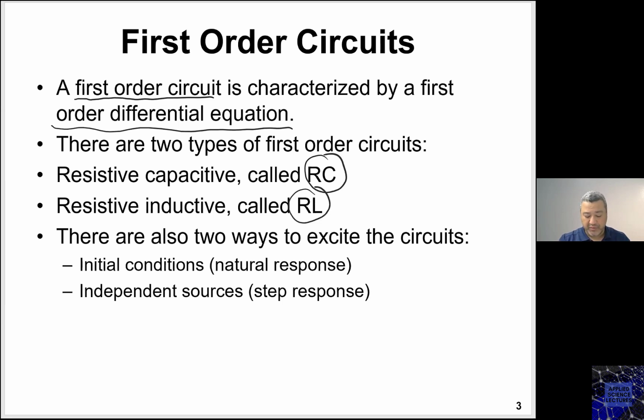And we said that we have two types of excitations, the natural response and the step response. The natural response is due to the energy stored in this energy storing component, and the step response is due to the existence of an independent source, which are energy sources that are going to result in either charging or discharging the capacitor based on the difference between the voltage for the capacitor or the current for the inductor. We're going to come to this in detail.